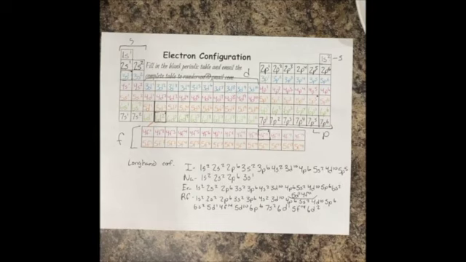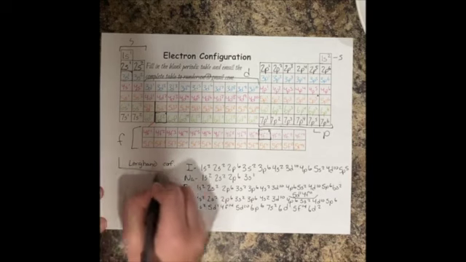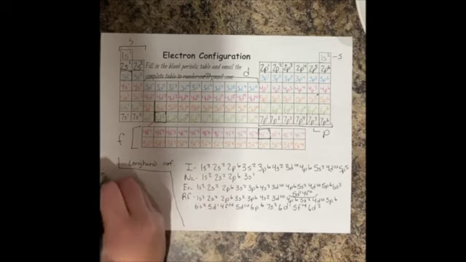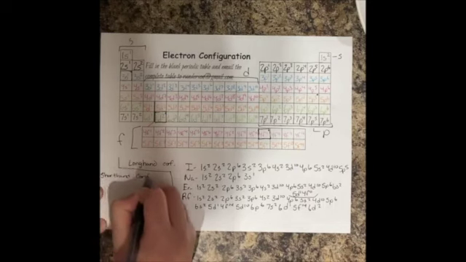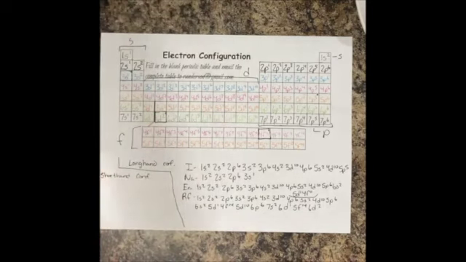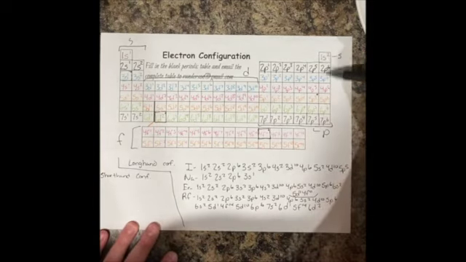All right, so there is a way to make it shorter, and I'm just going to call that shorthand configuration. So what you do with this is you find the noble gas that is right before the element you're looking for. And as a reminder, these elements right here are your noble gases.